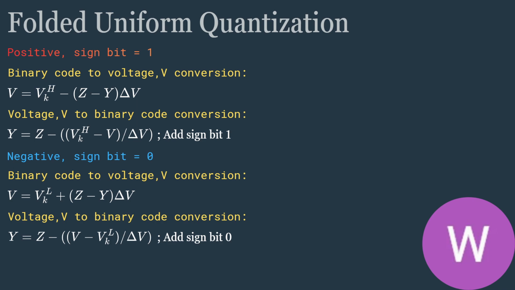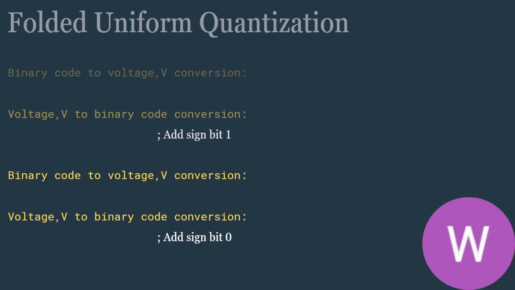And then for the negative is around the same, just that we change VKH into VKL. So for positive, we use the highest quantization value, and for negative, we use the lowest quantization value. So this is just the difference between positive and negative.